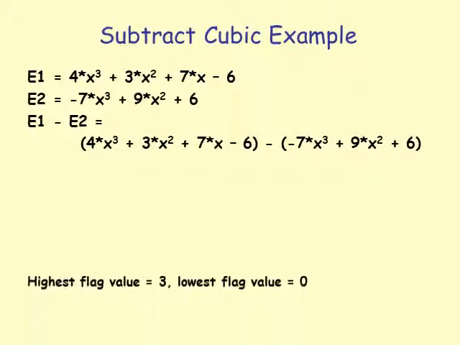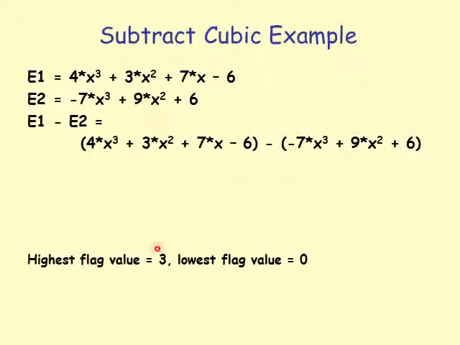The highest exponent value is 3 and the lowest is 0. The constant term has an exponent of 0.